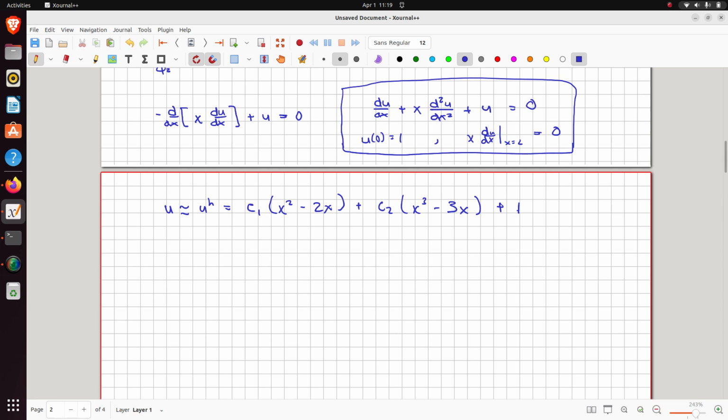And we can see right now, remember this last plus 1, this is the thing that must satisfy the boundary condition. So at u of 0, if I plug in x equals 0, then this equation just equals 1. And so we do satisfy the boundary condition.